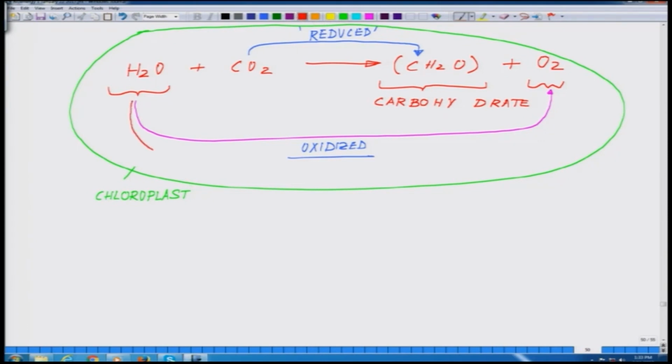In other words, you should not use this word, you should use splitting of water. And the splitting of water is generating an electron and an oxygen out here, and I will come to why I am writing that. This whole thing is happening inside the chloroplast, which essentially is called the energy conversion apparatus.